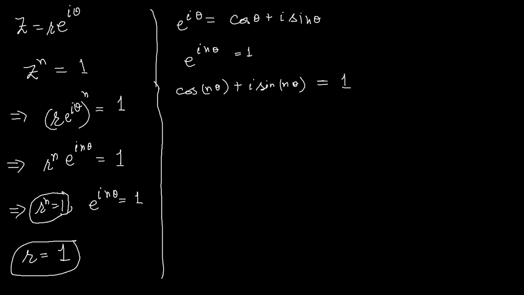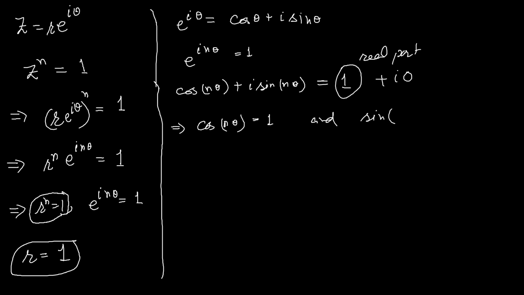You can see that the right hand side is just a real part. Its imaginary part is equal to 0. Therefore, we have cos n theta is equal to 1 and sin n theta is equal to 0. These two equations will be satisfied.